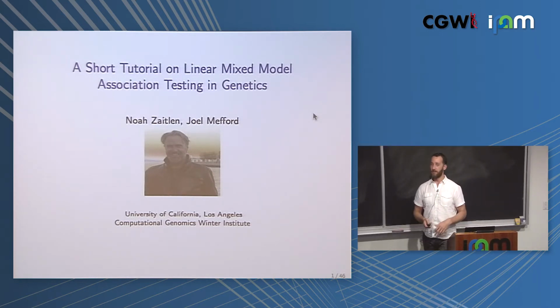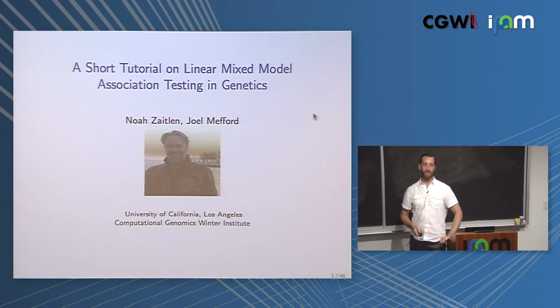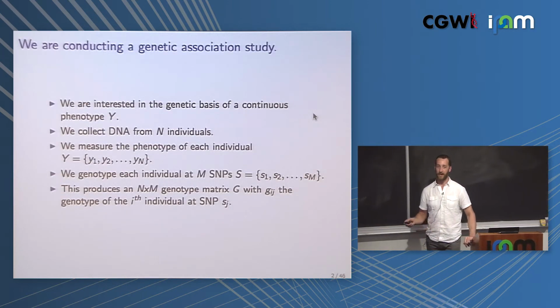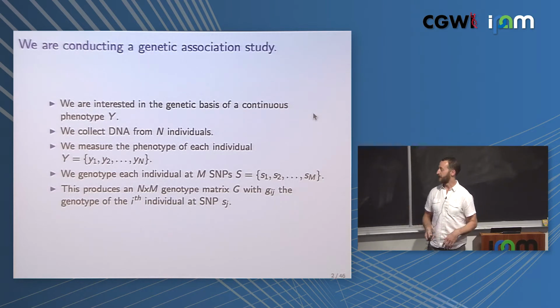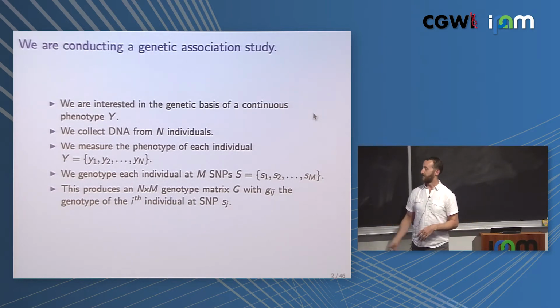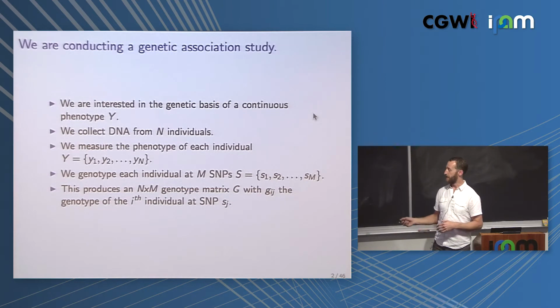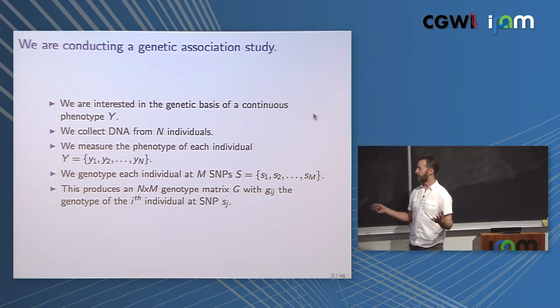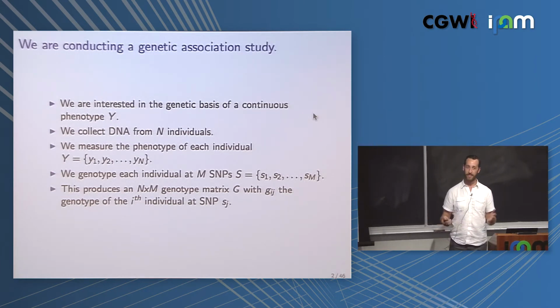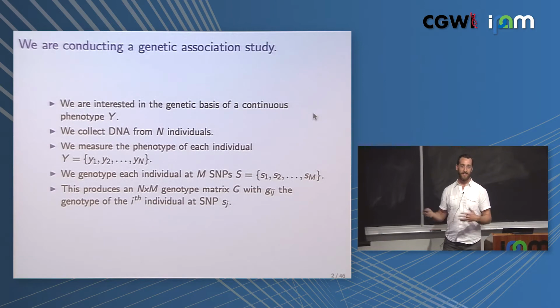So the tutorial's on linear mixed models and genetic association studies. Just as background, we're doing a genetic association study. We have some phenotype that we're interested in. We collect DNA from some individuals. We look at some SNPs and we genotype them, and we get this matrix G, which is our genotype matrix.